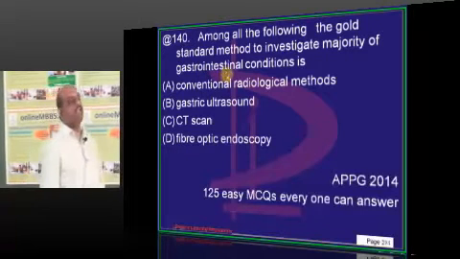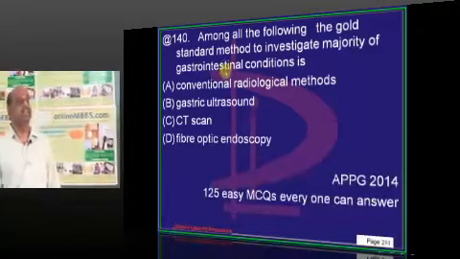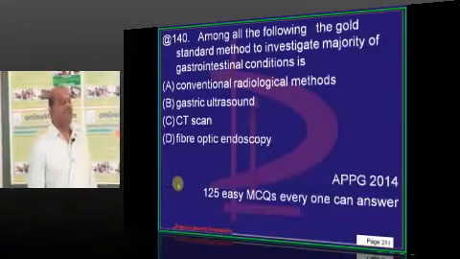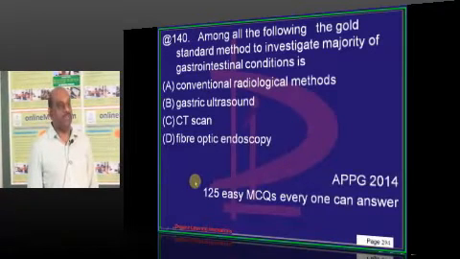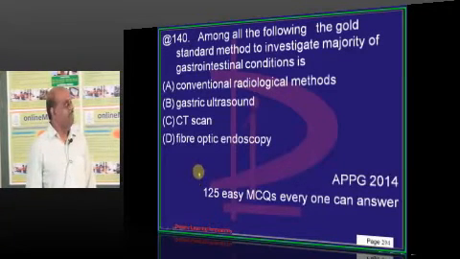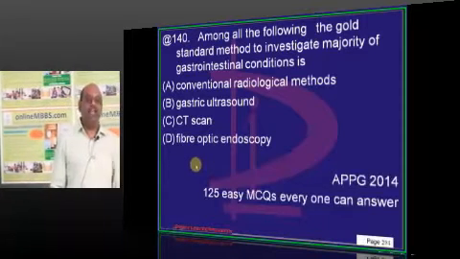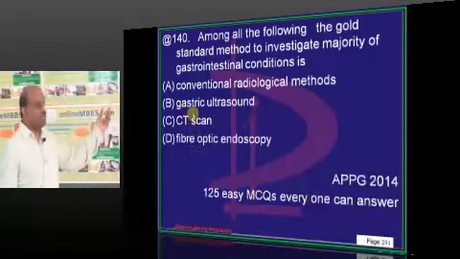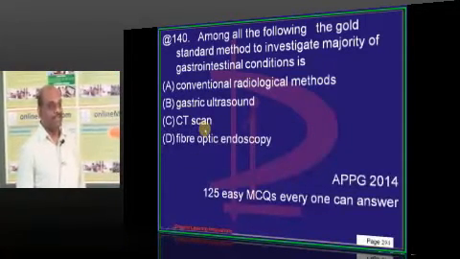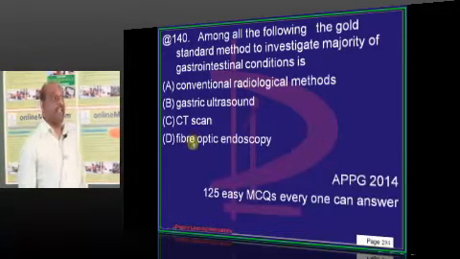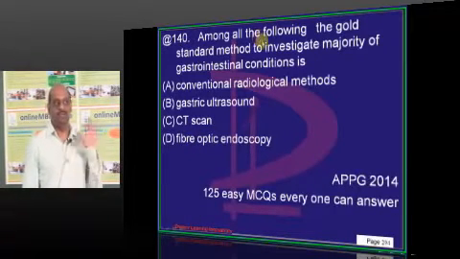Most of the GIT conditions may, it is like, what is your answer? Fiber optic endoscopy. Biscuit question. Very easy. Still, in this also, some gastric ultrasound, CT. Oh, no CT.